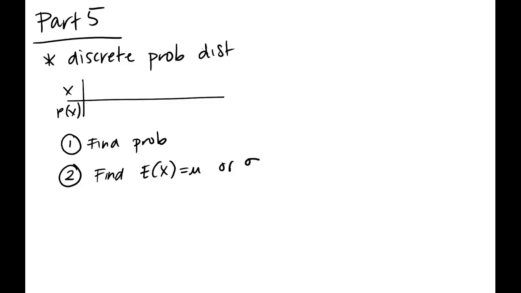And then this might be something you want to throw into your note card: throwing all your x's as L1, all your px's as L2, and then doing 1 var stats L1, L2, where L1 was the list and L2 was our frequency list. And then just a reminder, you want to double check that if you did everything right, n should be 1 in your output. The last thing we might have to do with discrete probability distributions is create one.